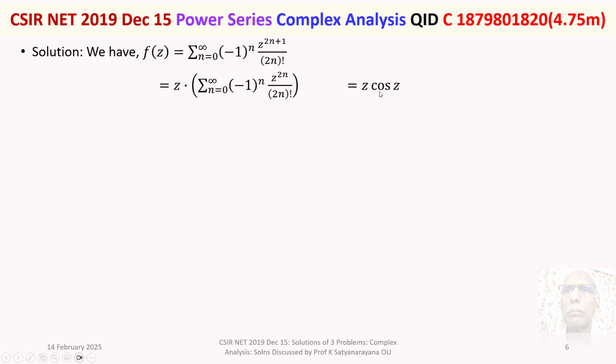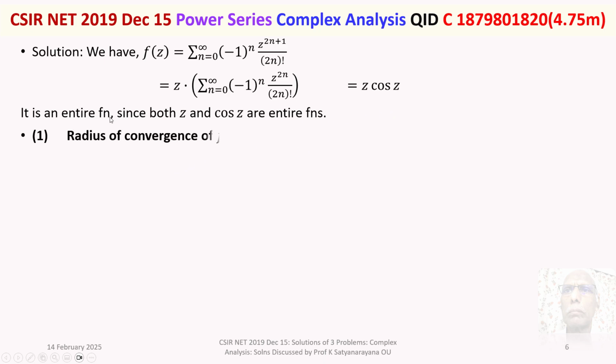So this is z cos z. It is an entire function. Why? Because z is an entire function, cos z is an entire function, and their product is also an entire function. It is very well known that an entire function does not have any type of singularities in the whole of the complex plane.